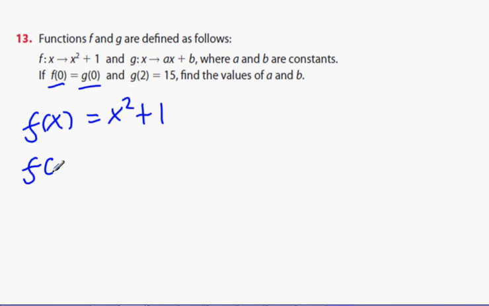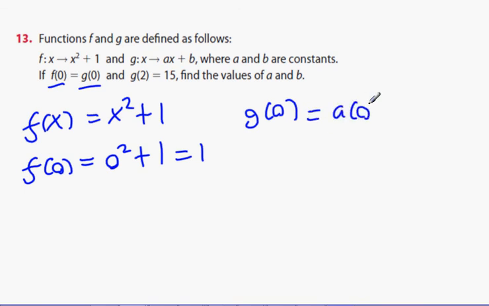Input is 0. Replace x's with zeros. And our answer is 1. What about g of 0? G of 0 is a times 0 plus b. G of 0 is b, because a times 0 is 0 plus b.